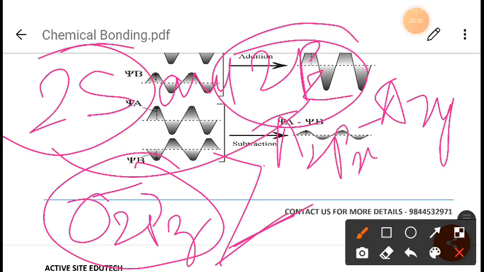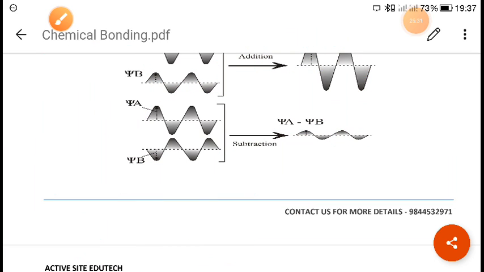Now the energy sequence for molecules O2 and F2 will be like this.